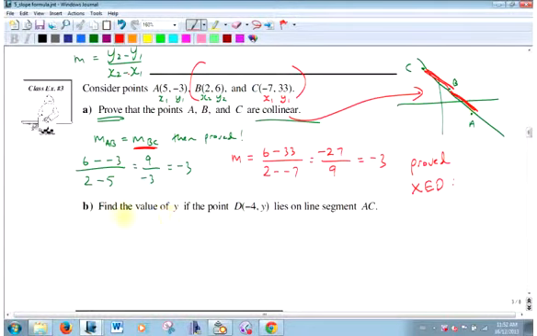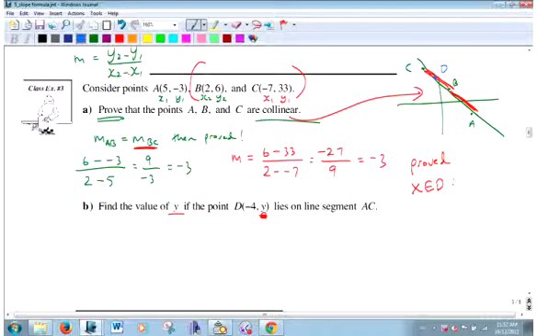Okay? B, find the value of y right here if this point lies on line segment AC. So this is part B. This is the same question. Well, I don't know where this point is. Point D, minus 4, y. Let's say it's there. What do I know? If it's on the line, do we know something about the slope?